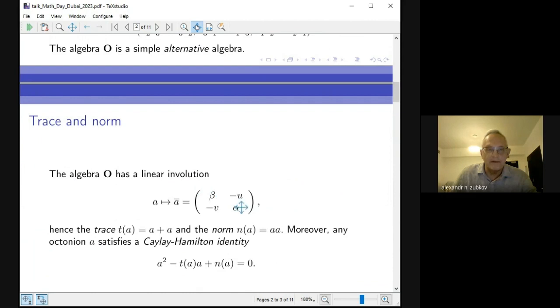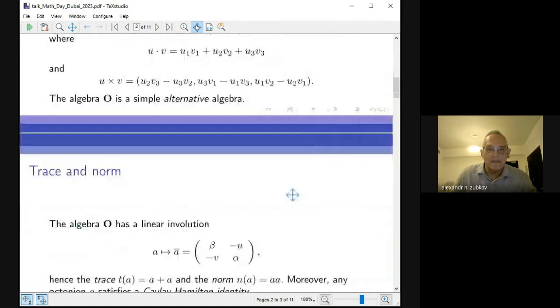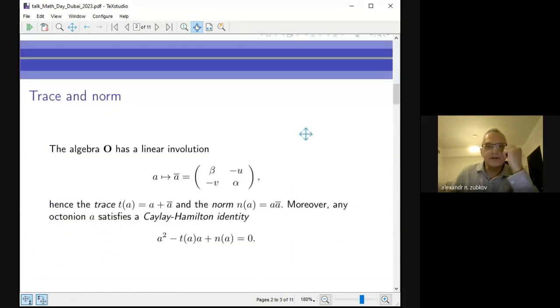We are going to flip the entries on the main diagonal, and the entries on the quasi-diagonal will just be the negatives of the previous entries u and v. It is clear that the sum of A and A bar is just a scalar matrix with the same entries on the main diagonal. I am going to identify such matrices with the scalars from the field.